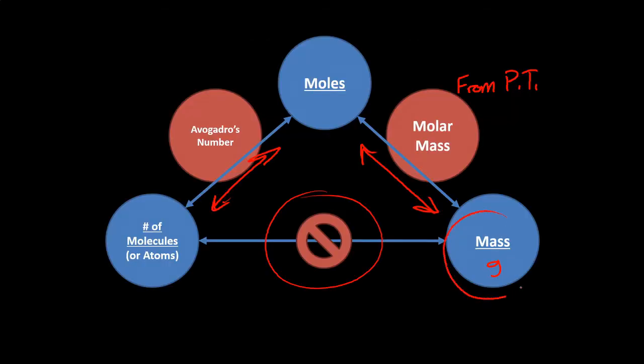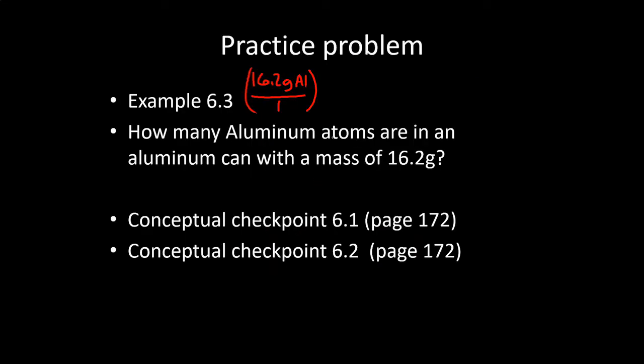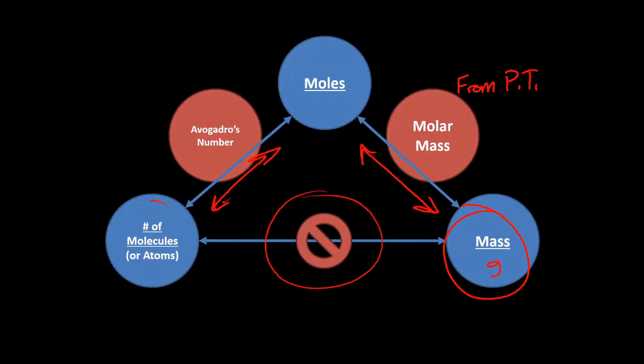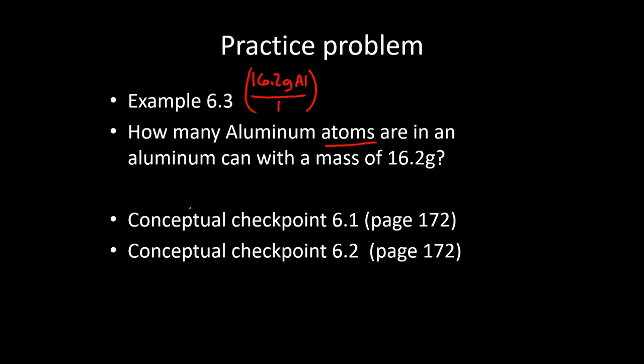We're asked to figure out how many atoms of aluminum are in that sample, so we're going through these two conversions to get there. We're going to use the molar mass to go from grams to moles, and then we're going to use Avogadro's number to go from moles to atoms.